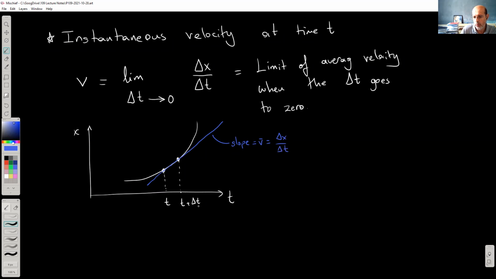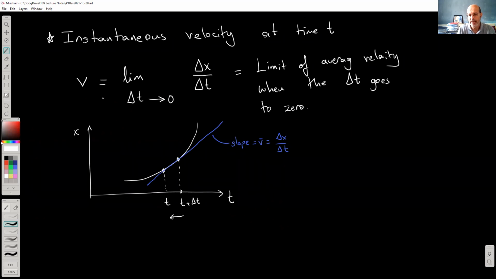But now we just change delta t progressively. So we make it in such a way that the second point approaches the first point. So I imagine that I choose this point to be as close as possible to that point, in which case this line is going to change, but it's going to approach a certain line, and we're using this expression to denote this.